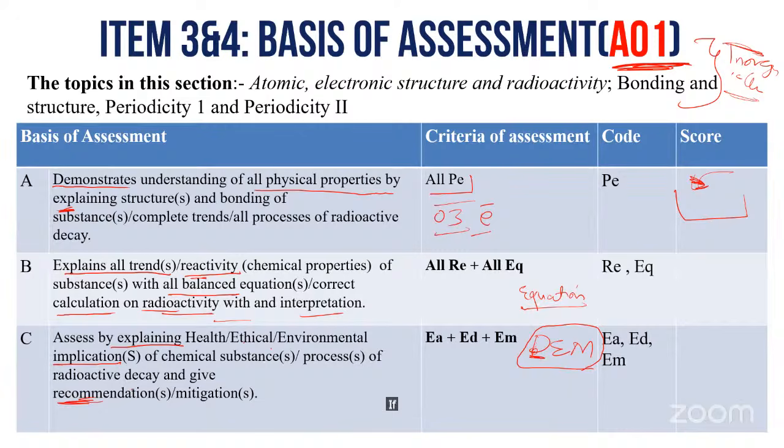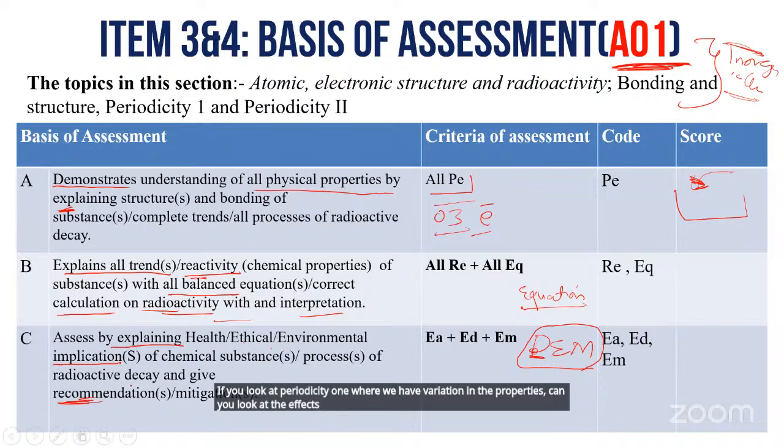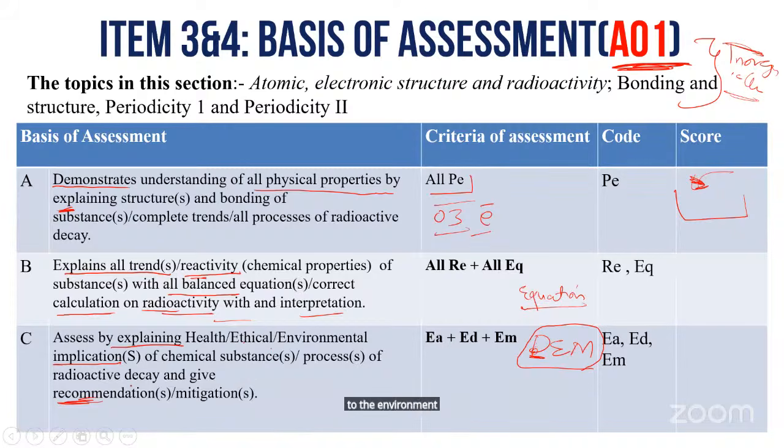If you look at periodicity 1, where we have variation in the properties, can you look at the effects? How do you look at the implications of those processes, of those reactions to the environment, on the health, on the ethical? What are the ethical or environmental or health implications of those particular substances?